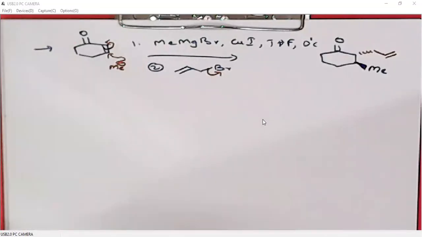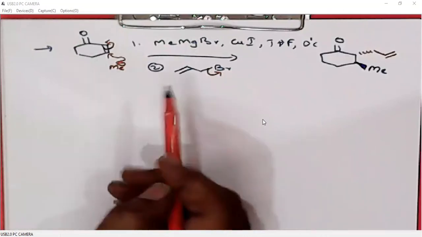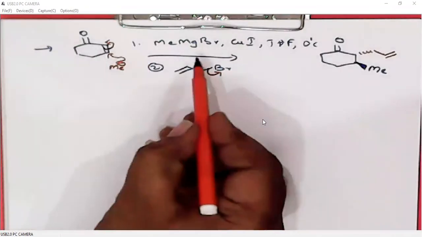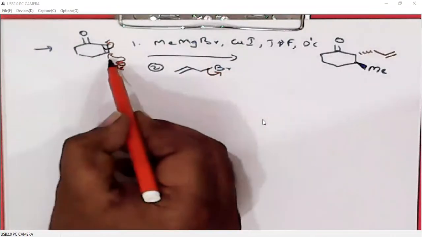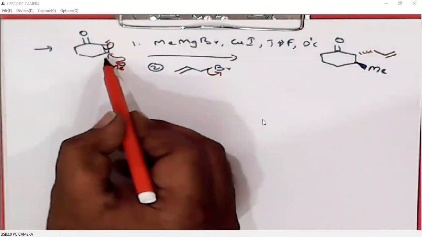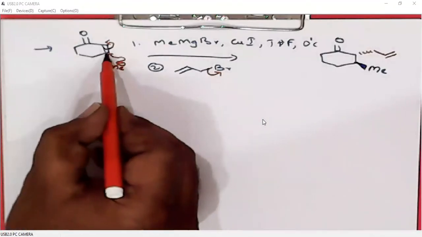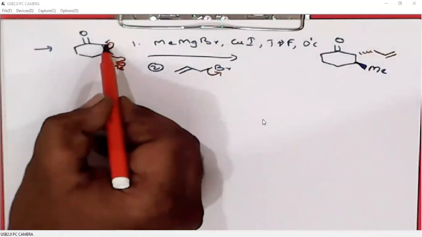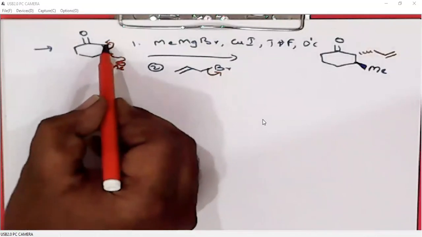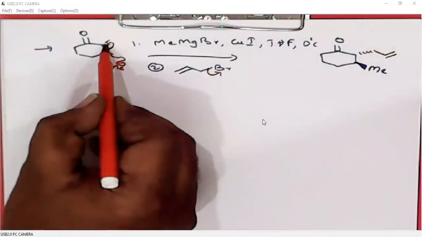Okay. So this is another important reaction. Grignard reagents will undergo 1,4 addition. Then methyl will approach this molecule from this carbon. Then this double bond will be polarized towards this carbon. So we are generating a negative charge here.